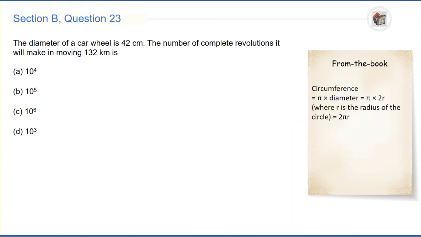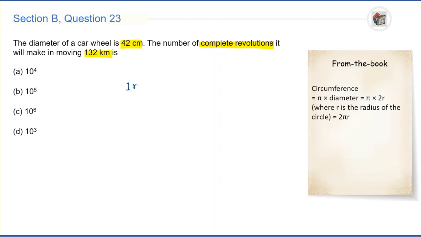Question number 23. The diameter of a car wheel is 42 centimeters. The number of complete revolutions it will make in moving 132 kilometers is what? So you want to find how many complete revolutions will the wheel make in the car moving a total of 132 kilometers. Well, for that you need to understand what happens in one revolution.